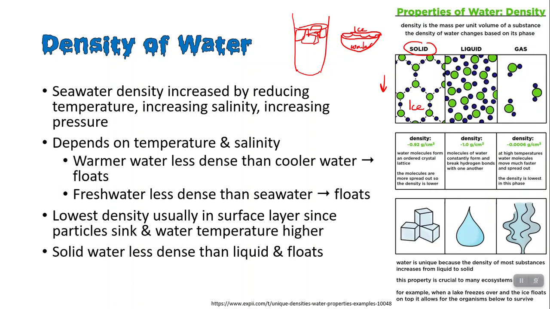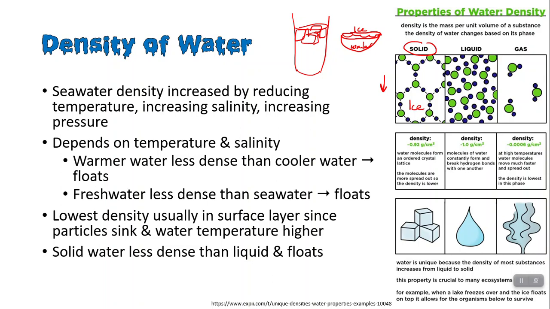You can increase the density of seawater by making it colder. So anything that's colder tends to be denser. You can increase the salinity. So adding more salt is going to increase the density, or increasing the pressure, because that squishes everything. So warmer water is less dense than cooler water and it floats.